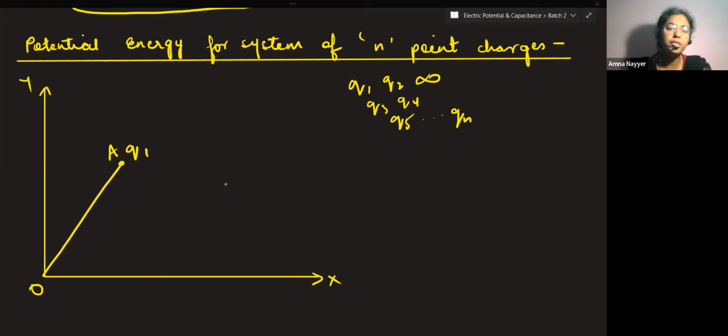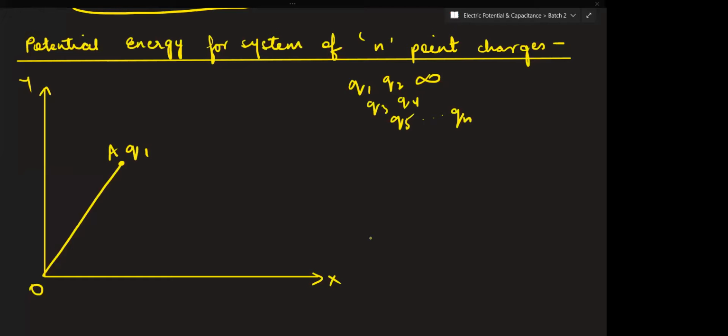If we bring up the first charge, and if there is no other charge to interact with, then the work done becomes what? Hanifa? I don't know, I'm confused.